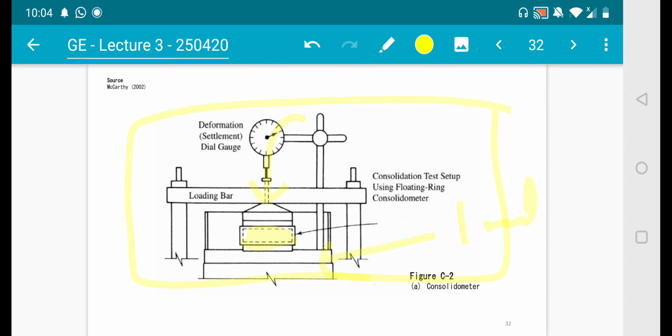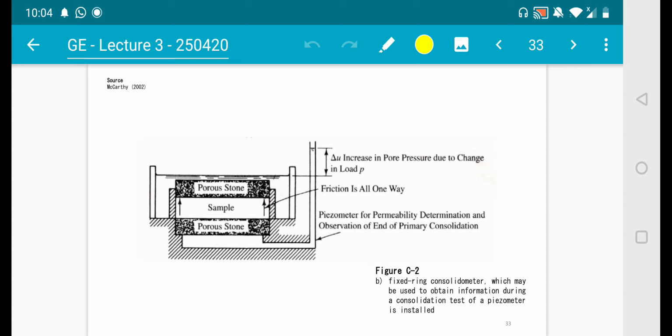This apparatus is known as a consolidometer. If you look at a more detailed sketch inside, the soil sample is put between two porous stones, so water can pass through up and down as the consolidation takes place.